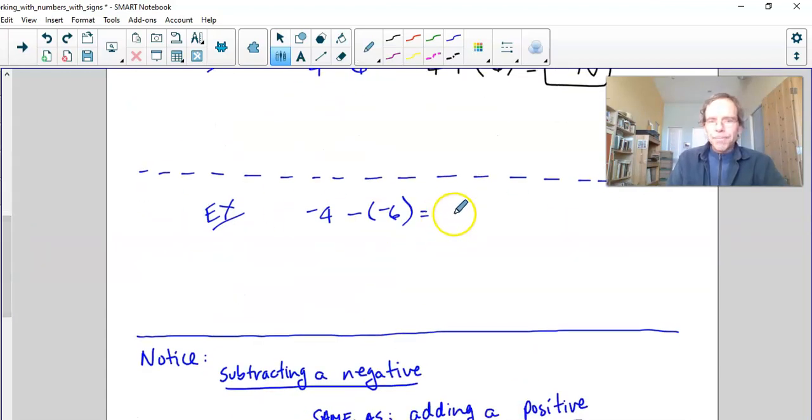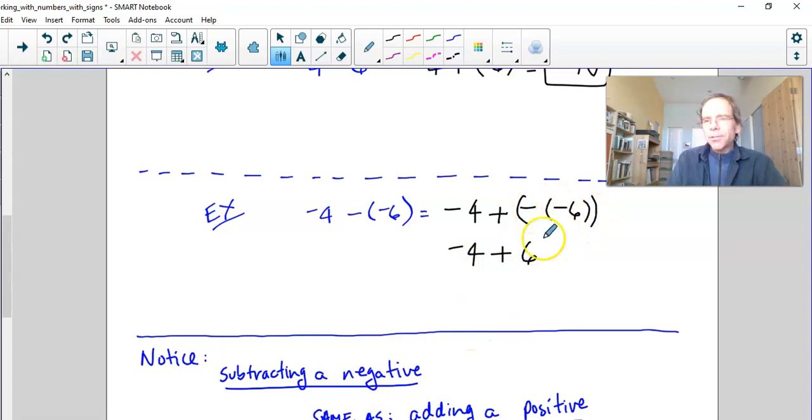One last one here. Negative 4 minus negative 6 will be negative 4 plus the opposite of negative 6. So again, subtracting a negative is like adding a positive.